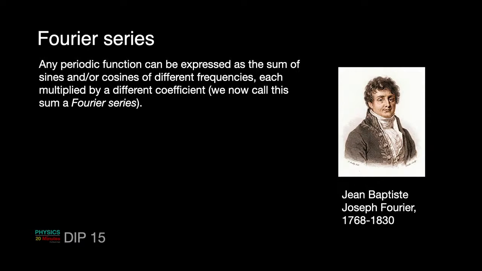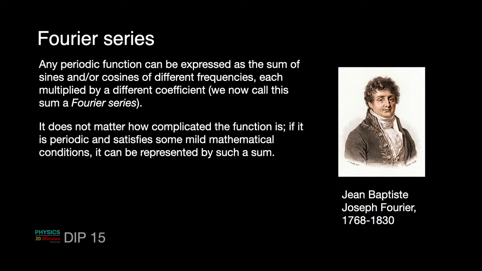This sum we now call the Fourier series. I'm going to show you its mathematical form also. It does not matter how complicated the function is. It could be any shape as long as it is periodic and satisfies a few conditions. It can be represented by such a sum.